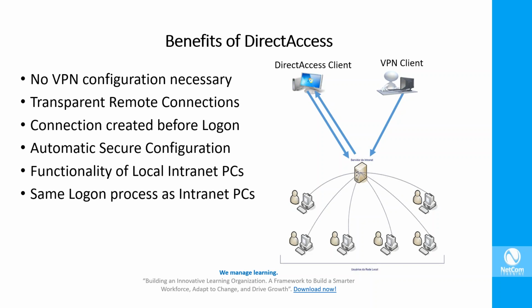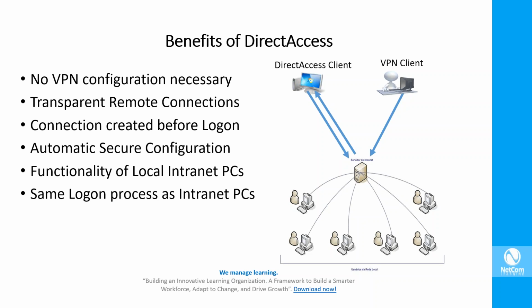So the same protections and configurations you can apply to local computers, you can also apply to direct access client computers as well. So do you want to apply software updates, security changes to the computer? All of that can be applied to the computer because it's a two-way communication channel. So not only is it more secure, but you also get to manage it a whole lot better as well.